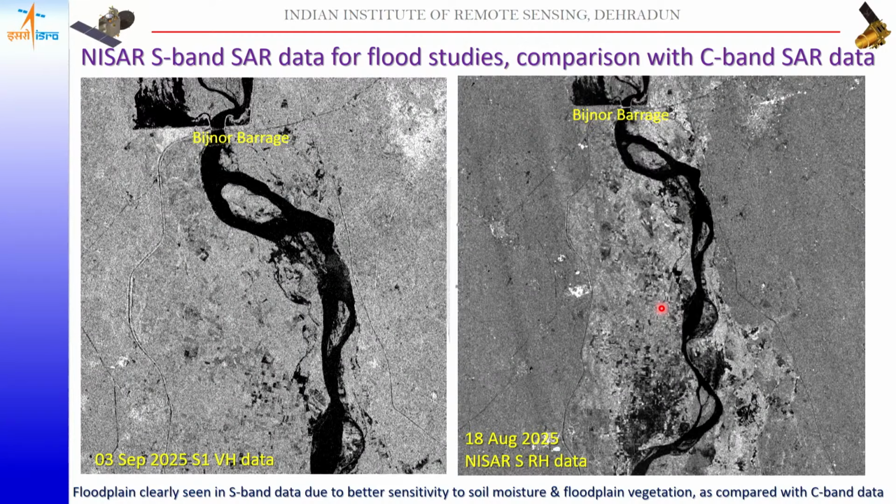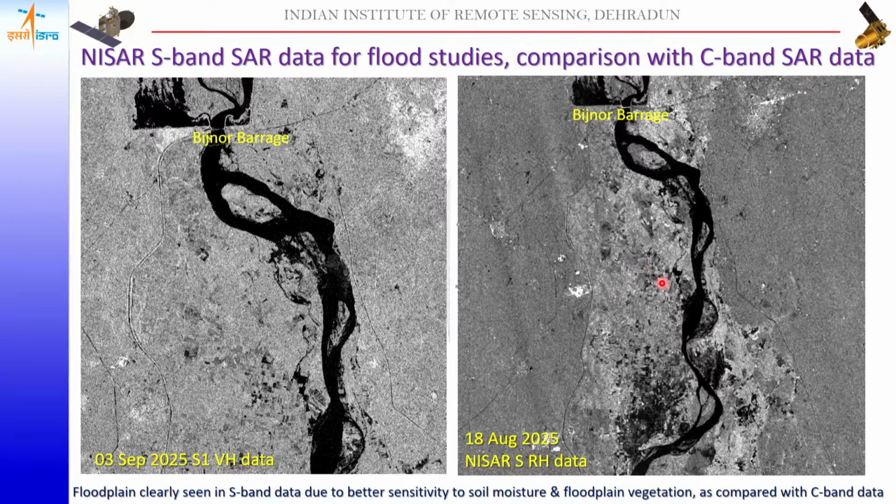And recently India and the US have launched the NISAR datasets, and India is taking the lead in the NISAR S-band datasets. You can see most SAR sensors work in the C band. However, we have this S-band SAR data. In the C band, the subsurface vegetation and moisture are not as enhanced as in the S band.